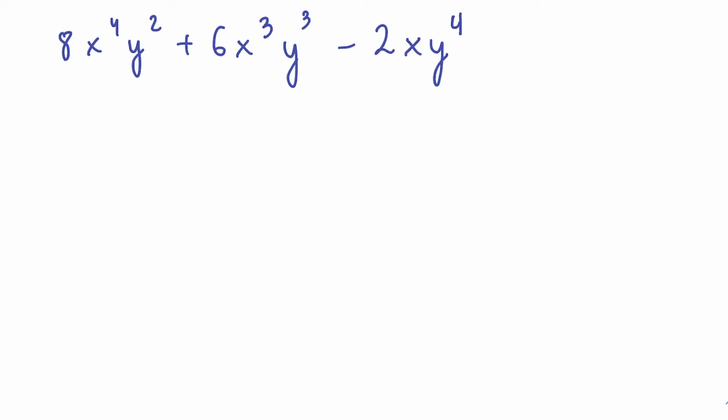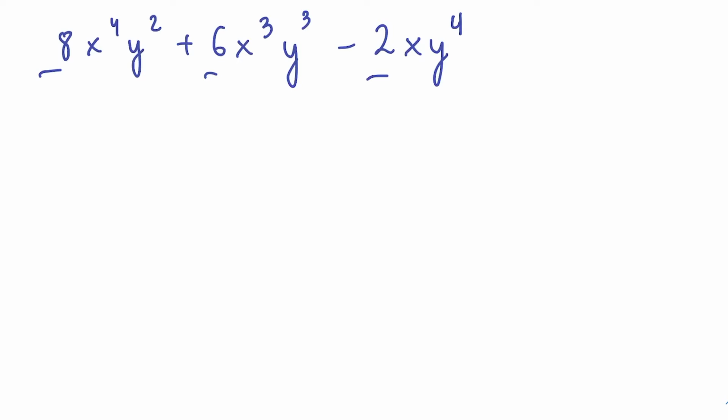So let's say we had an example of 8x to the power of 4 times y squared plus 6x to the power of cubed times y to the power of cubed minus 2x times y to the power of 4th. So now we notice that these integers, they can factor out only 2, right?